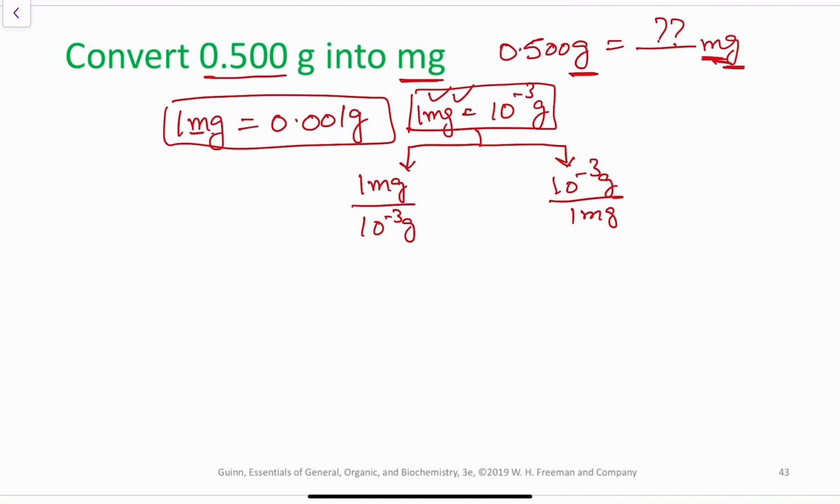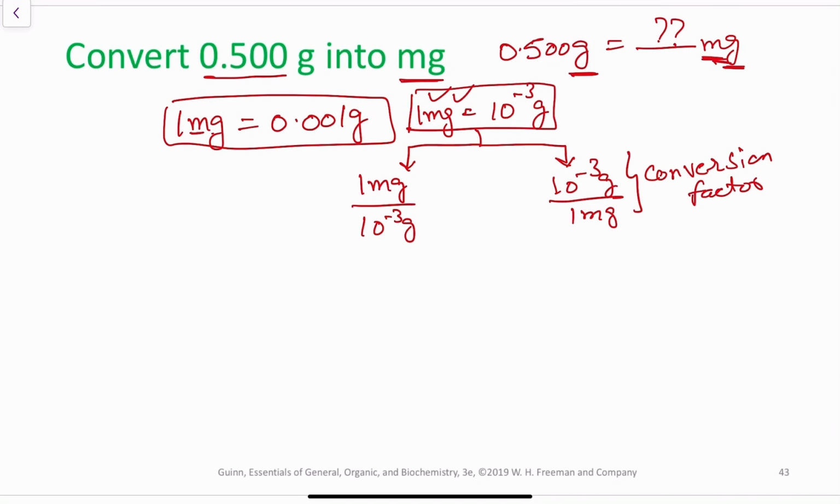So remember, for any equivalency you can always make two different kinds of divisible forms, and these divisible forms we normally call conversion factors. This factor is very important to solve any problem in dimensional analysis, and we're going to see how we can use this conversion factor to solve any problem.